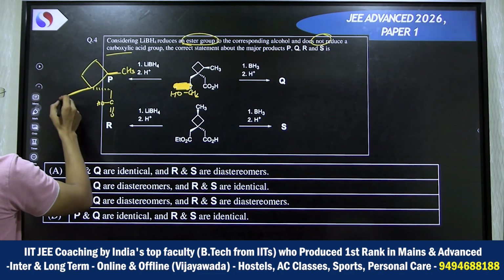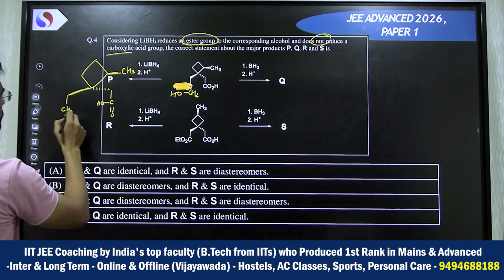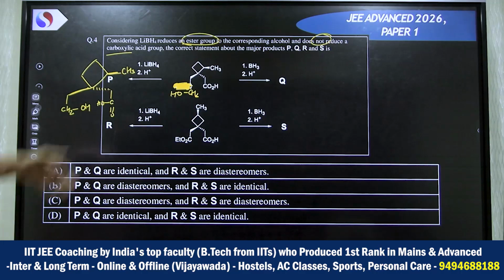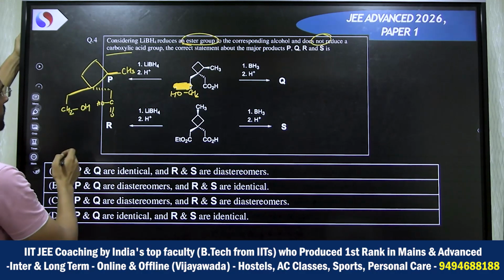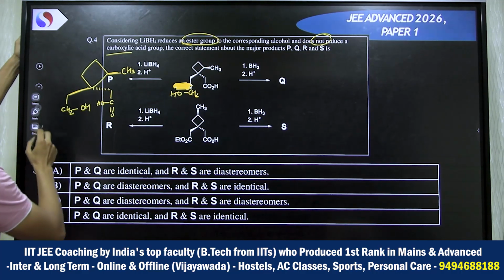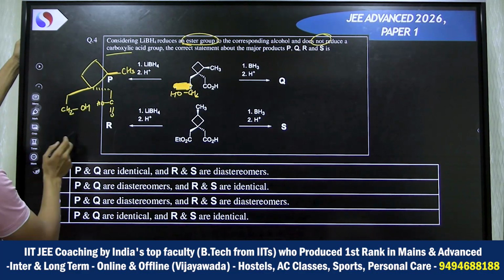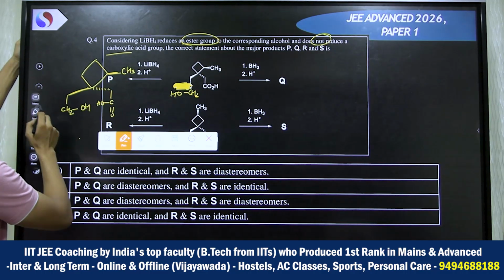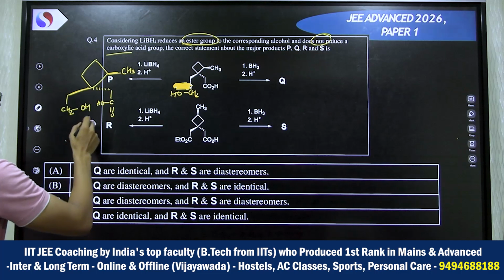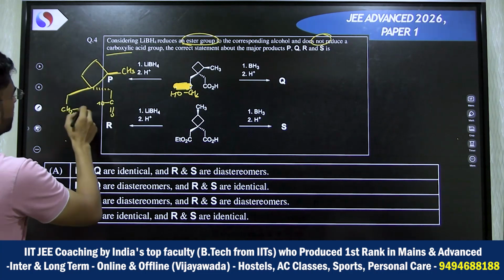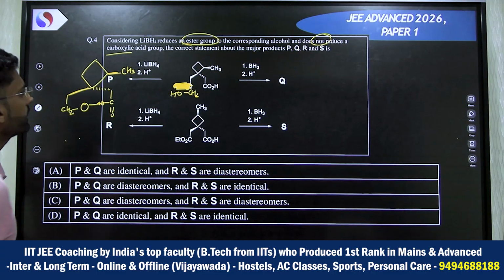It is a wedge here. It will be CH2 and OH. Further, if you add acid to this, I know that acid will remove the water. So I remove this OH group and it will form the ester once again.